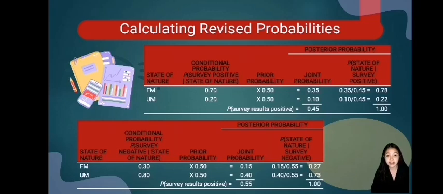In calculating the negative posterior probability, we follow the same process as for the positive posterior probability. Take note that we should always get a total of one when we add the favorable and unfavorable market posterior probabilities, to confirm the correct answer.